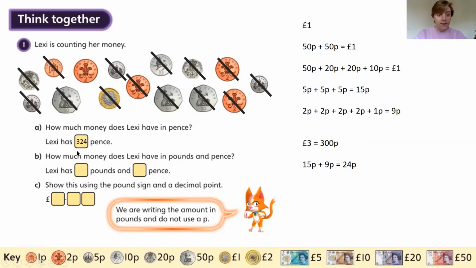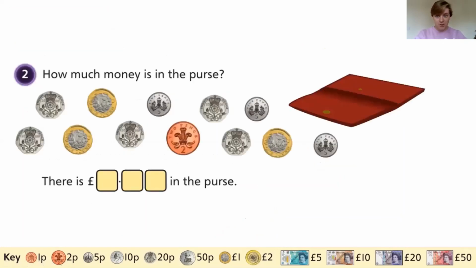So Lexi has 324 pence altogether. So how much money does she have in pounds and pence? Well, she has £3, we saw that earlier, and 24 pence. And if I write that using a pound sign and a decimal point, it looks like this, £3.24.